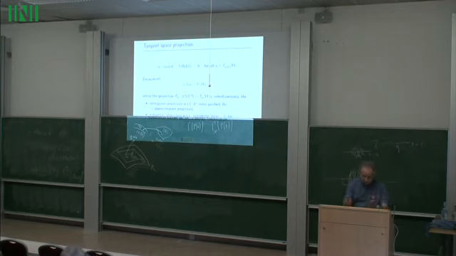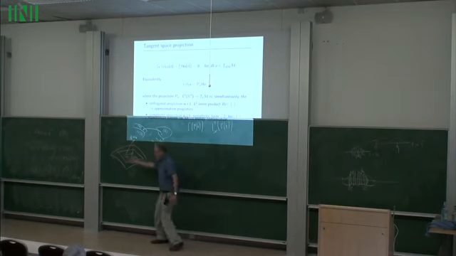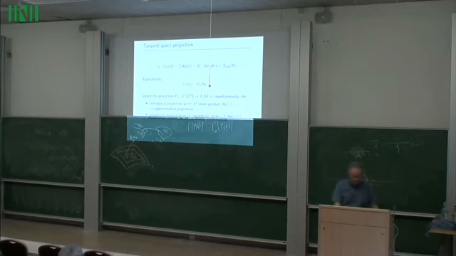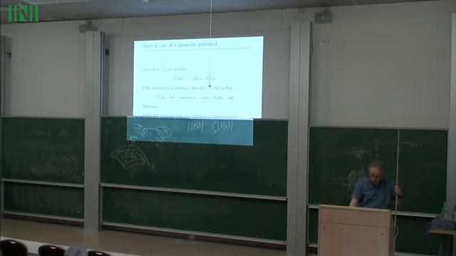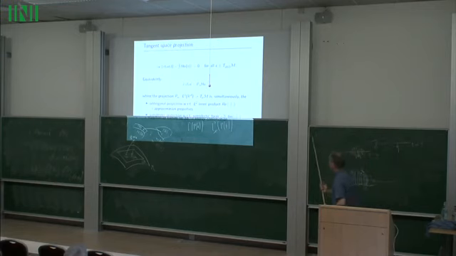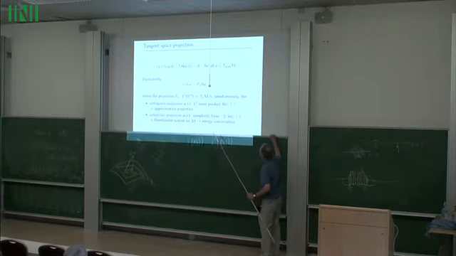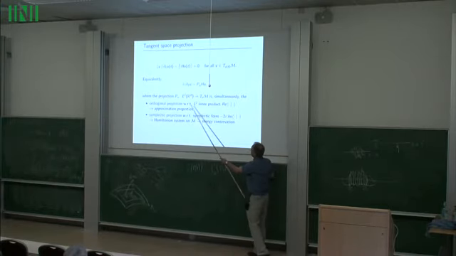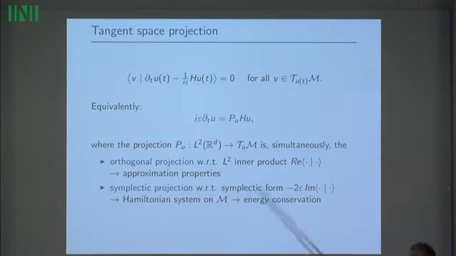Well, now I wanted to show you a slide which shows the cover page of my book from 2008, which just has this picture on the front. And if I put the picture on the front of my only book on quantum mechanics, you can believe that I have a high esteem of that picture. So, we now have this double interpretation as an orthogonal projection, which is simultaneously a symplectic projection. And this will be very useful.